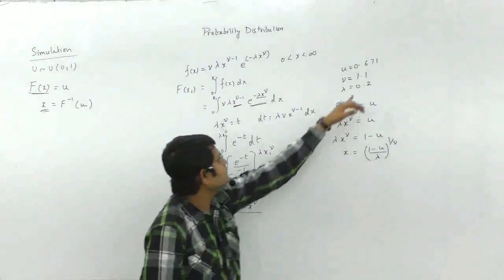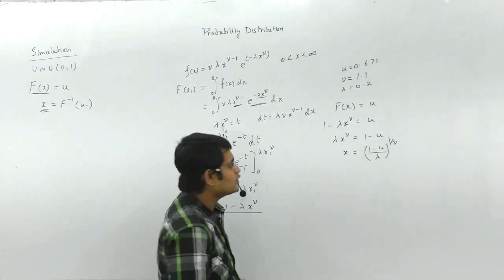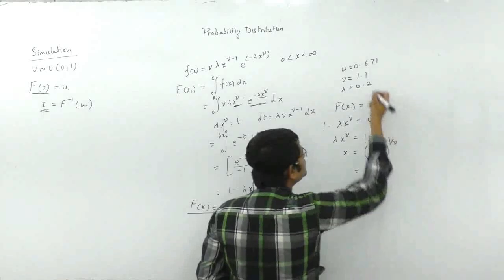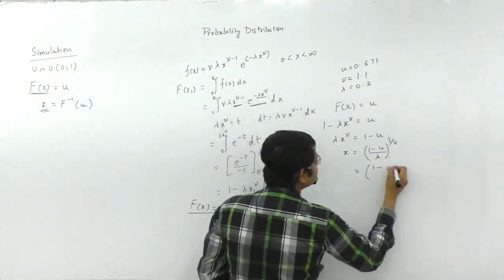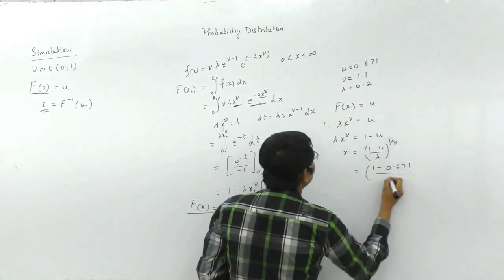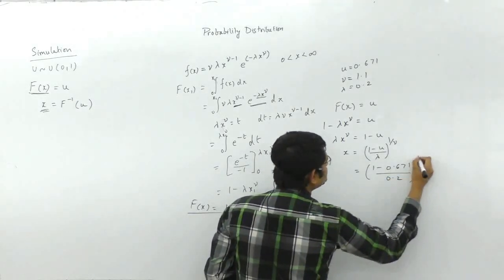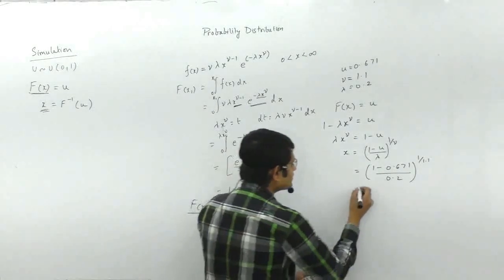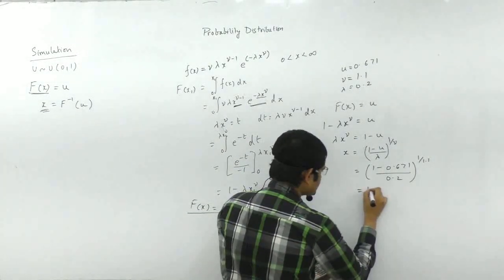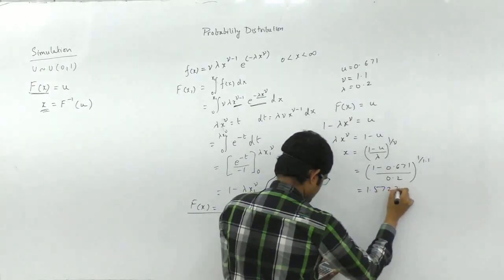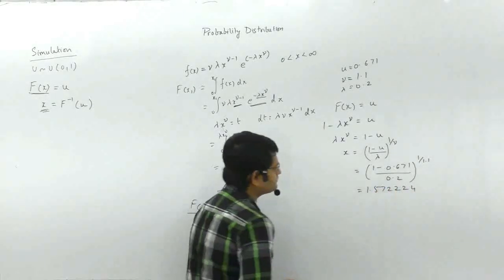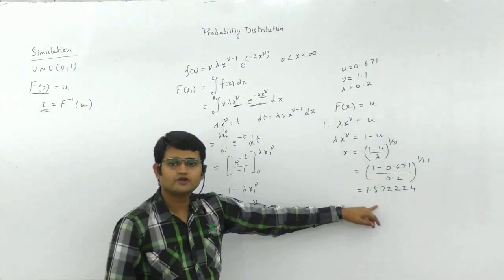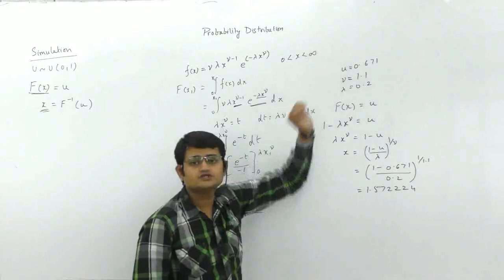Now we can put the value of nu as well as lambda, and also the value of u. So using our calculator we get the value of x as 1.572224. So this is our simulated value of x where u is equal to this.